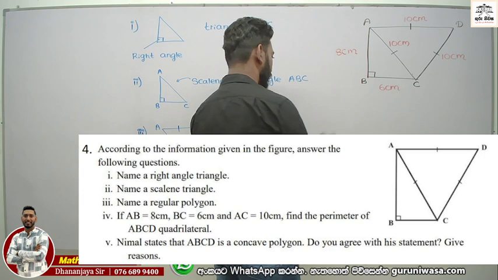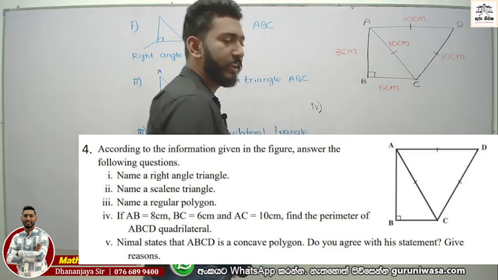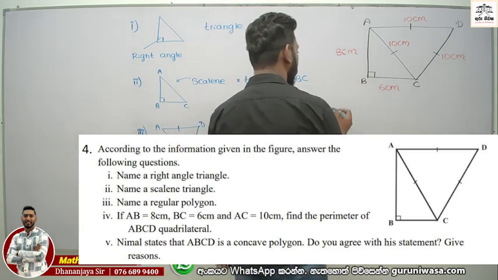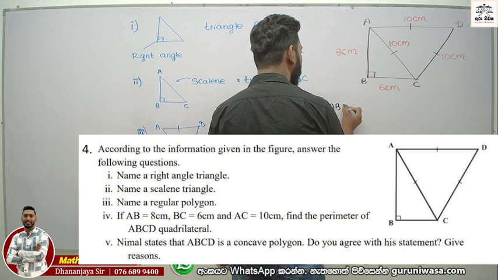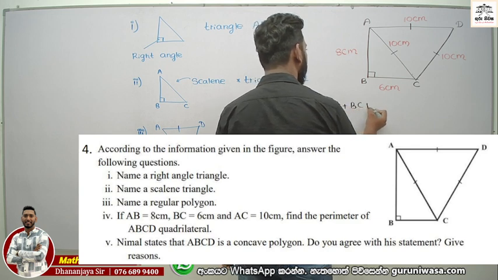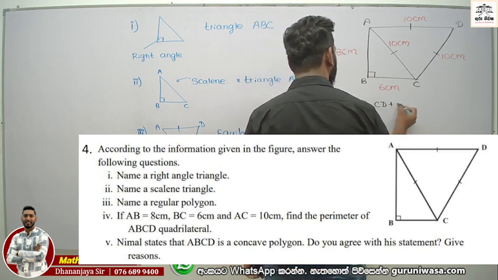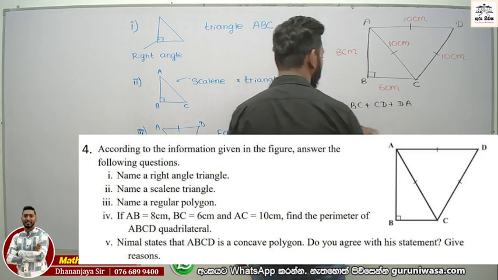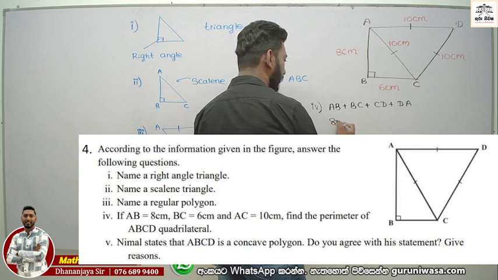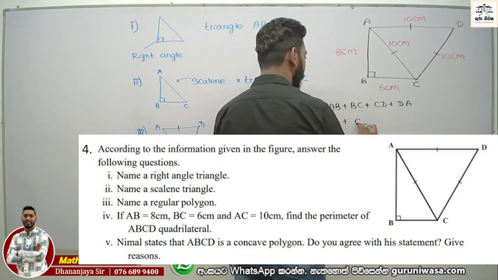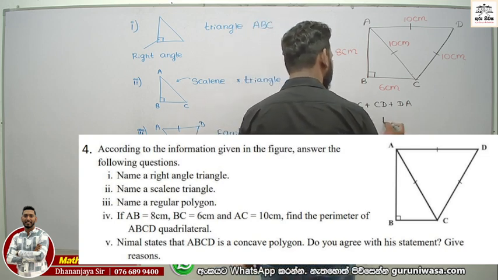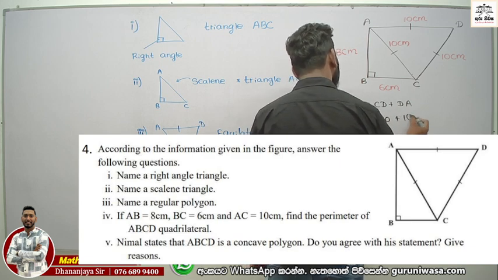Now, question number 4. Perimeter of the ABCD quadrilateral is the length of AB plus BC plus CD plus DA. Now AB is 8 centimeters, BC 6 centimeters, 10 centimeters and 10 centimeters.